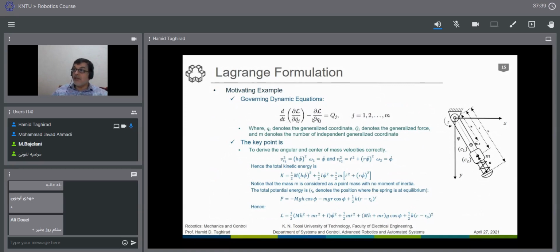So we will do the treatment very exactly on the example that we have, with 2 centers of mass and the moments of inertia and so forth.